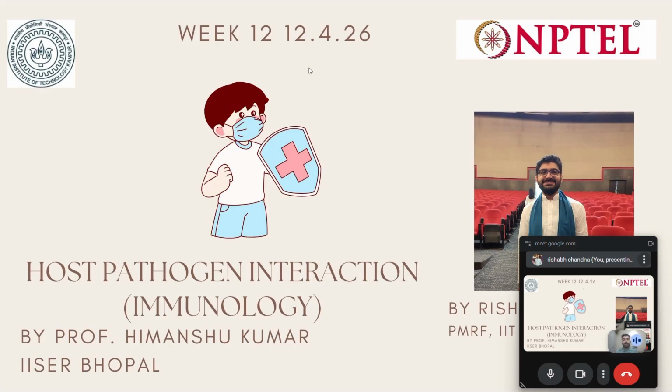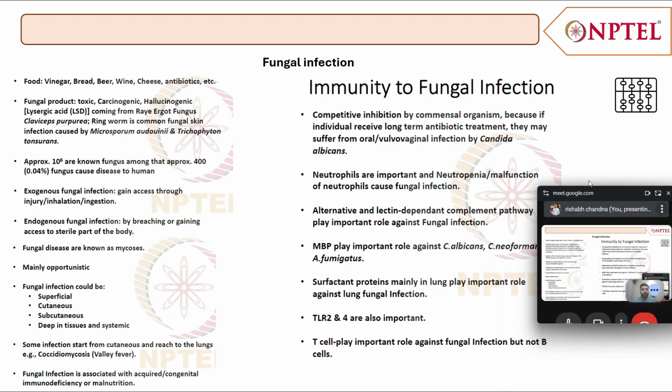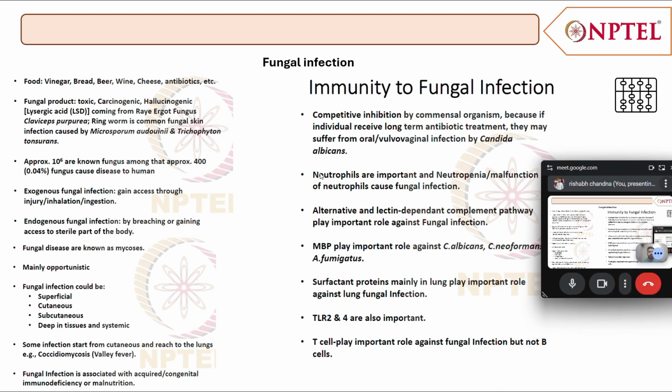So, starting with the fungal infections. As you know, different kinds of fungus are available in terms of making vinegar, bread, beer, wine, cheese, and the production of antibiotics is also taken care of by the fungal population.